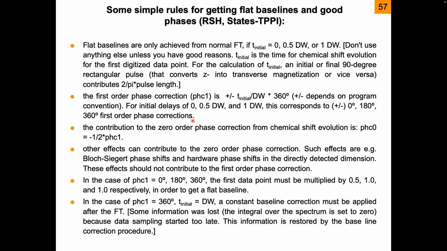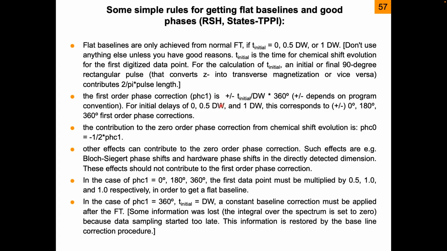Now, the first order phase correction is the initial delay divided by the dwell time that you use times 360 degrees. And this could be a plus or minus sign depending on the program that you use for Fourier transform and phase correction. For example, NMRPipe and Bruker, they are inverse in the sign.